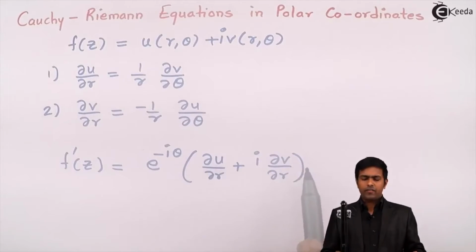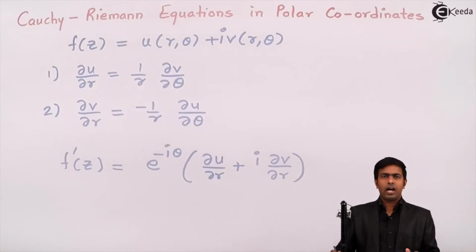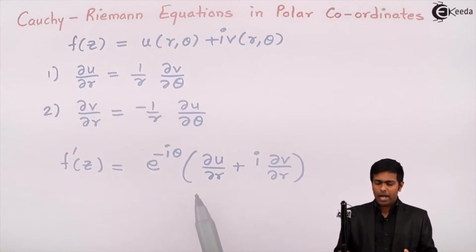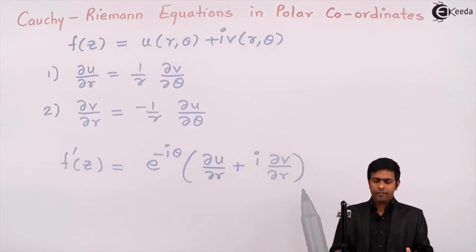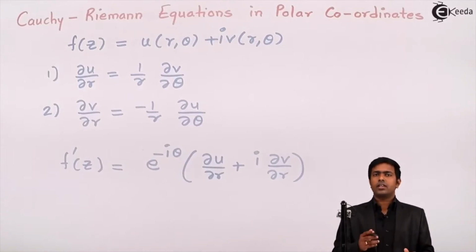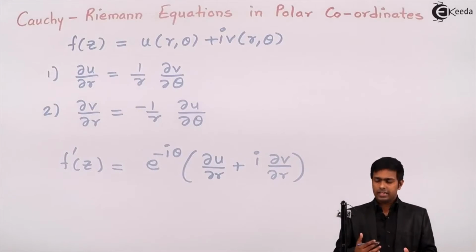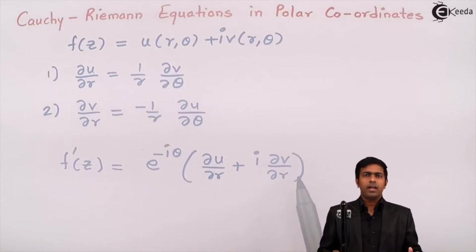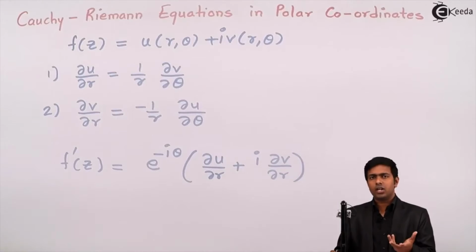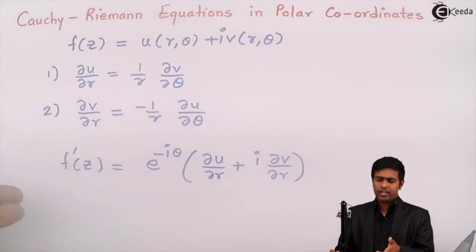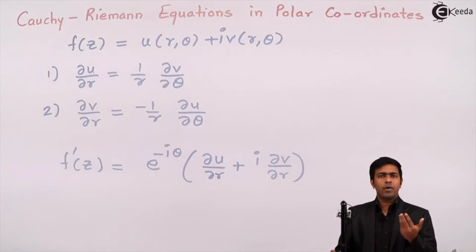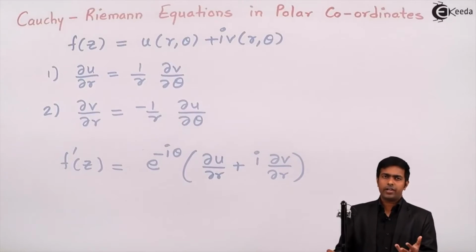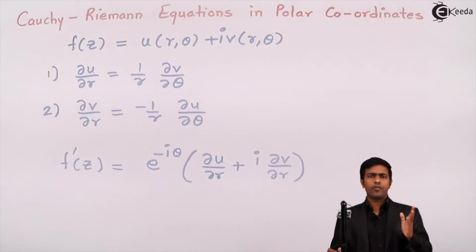If u and v are given in terms of r and theta, so if f of z is given in terms of r and theta instead of in terms of z, then we can get f dash of z by applying this formula. And if f of z is given in terms of z only, then we get f dash of z by performing the normal derivative using the basic derivative formulas.